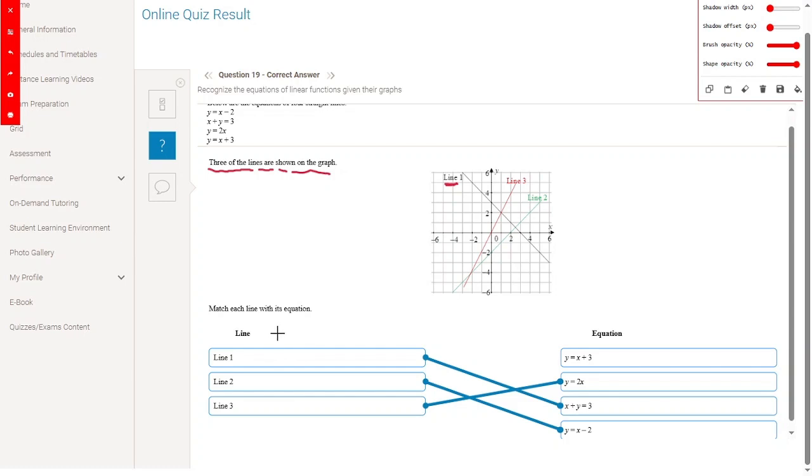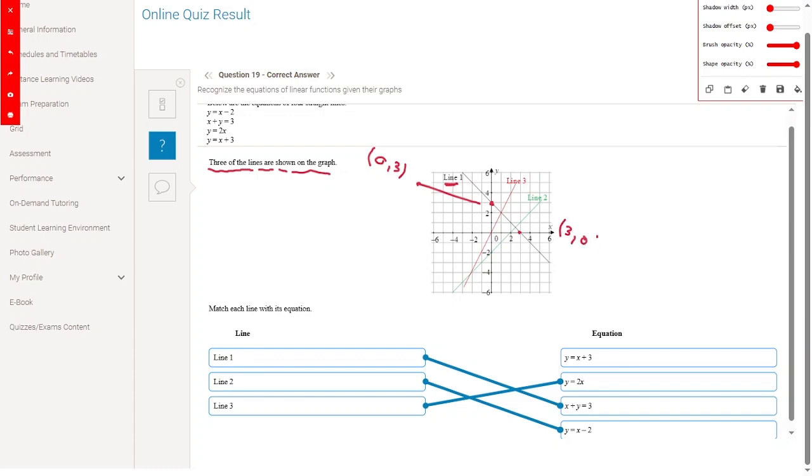So now let's take line 1. Line 1 intersects the x-axis and y-axis at points. For example, this point is 0 and 3, and it also intersects here at 3 and 0.